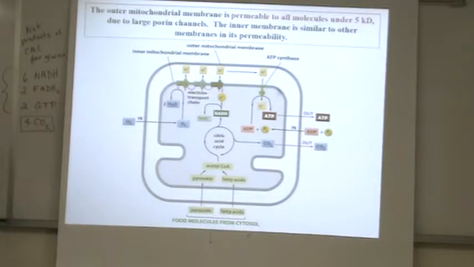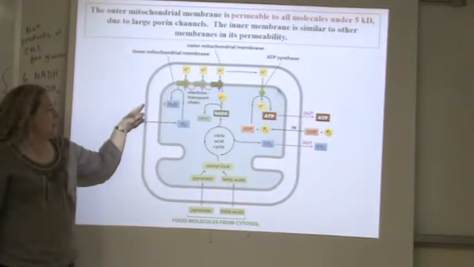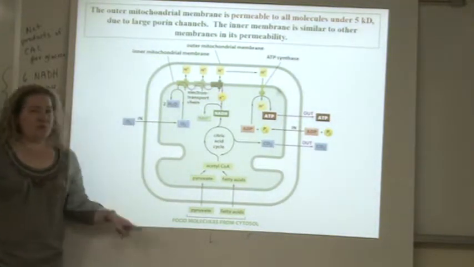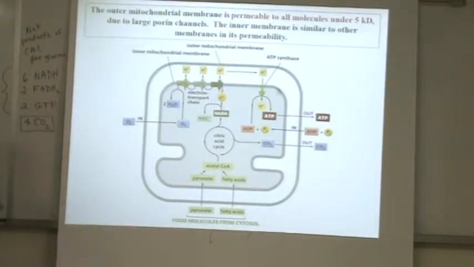It's important to note here how these membranes are a little bit different from each other. The outer membrane is a little bit more permeable than your average membrane. Anything that's smaller than 5 kilodaltons can go through that membrane.